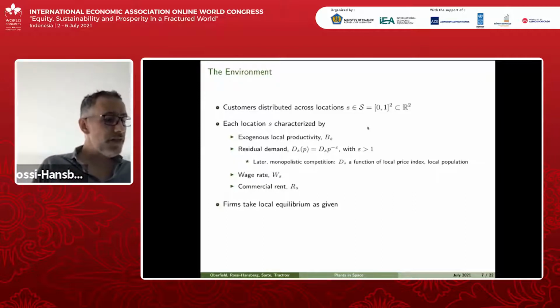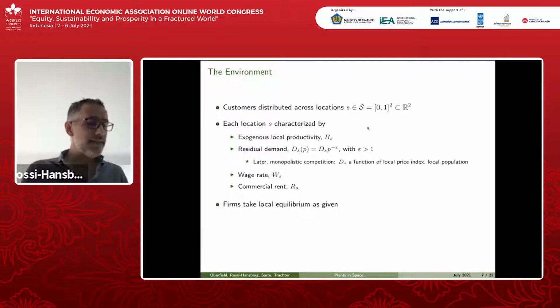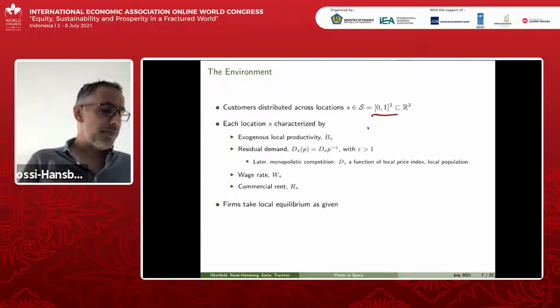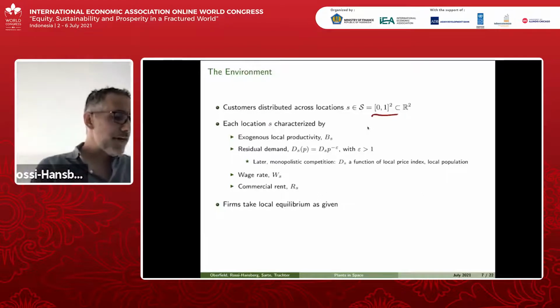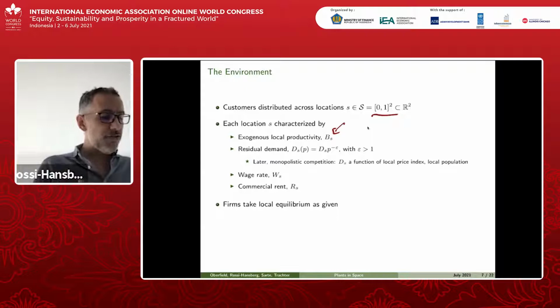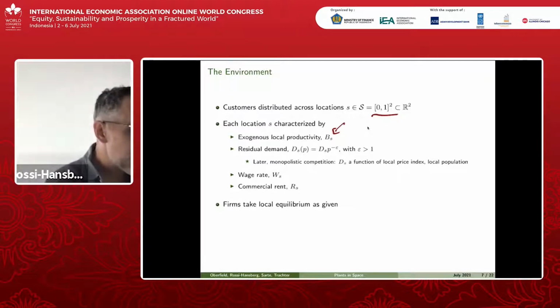Okay, so the environment is, think about space. We're going to think about a unit square in space, but this is really arbitrary. Each location I'm going to denote by S, and there's going to be some local exogenous characteristic that is B in each location S, and then there's a residual demand that the firm is going to face in those locations. There's going to be a level of that demand that I'm going to denote by D_S.